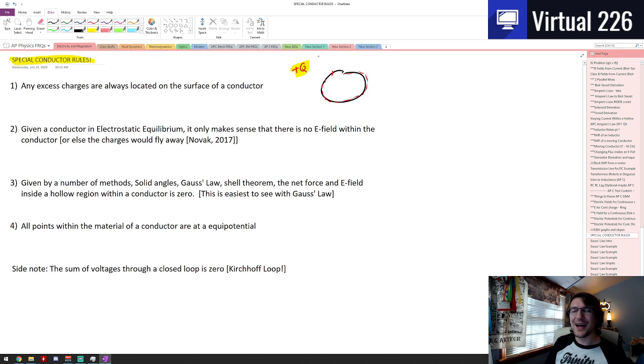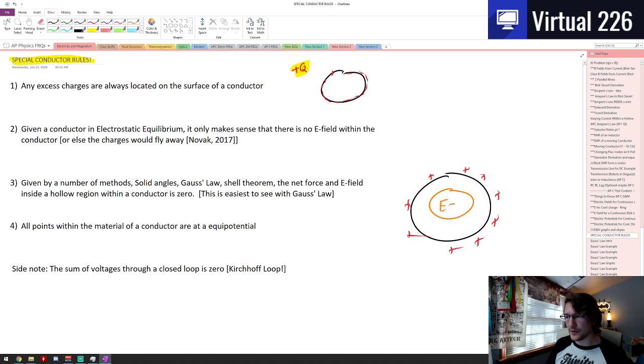Even if it's a solid sphere, all of the charges are on the outside, so the E field on the inside is 0. Another way we can see this is given a number of methods: solid angles, Gauss's law, the shell theorem. The net force and E field inside a hollow conductor is 0. So if you have a hollow conductor here, all of the charges are on the outside. And we'll see this when we talk about Gauss's law next, and this will make a ton of sense. But if you make a Gaussian surface on the inside here, you haven't encapsulated any charges, so the E field is 0.